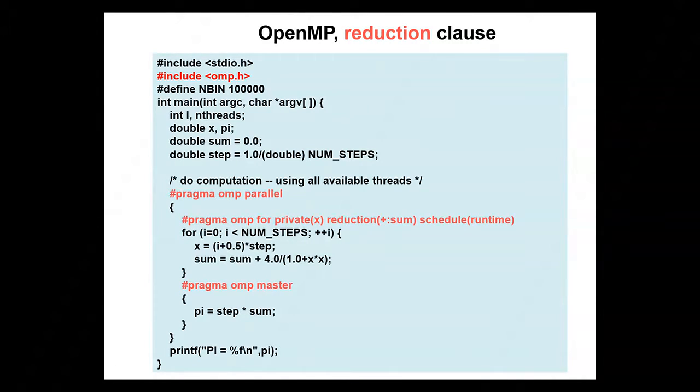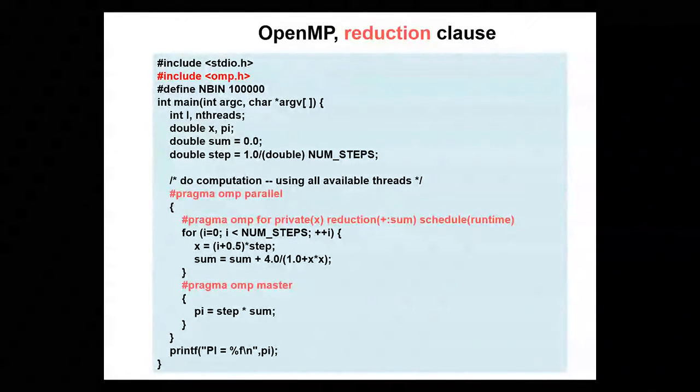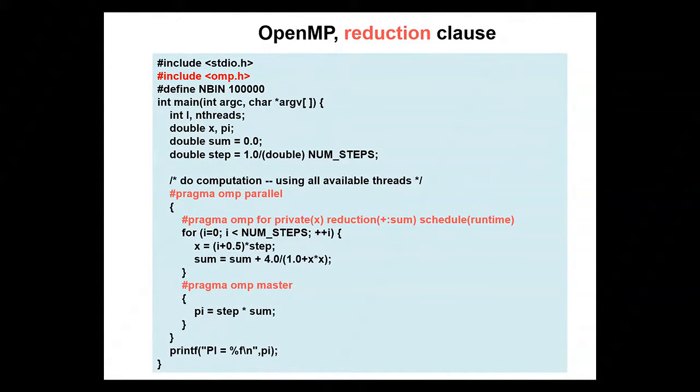You can choose what type of schedule to run, and then you run the steps and the index, and you will add everything together. Finally you add all the sums together and print it out, right? So this is a separate solution for MPI and OpenMP.